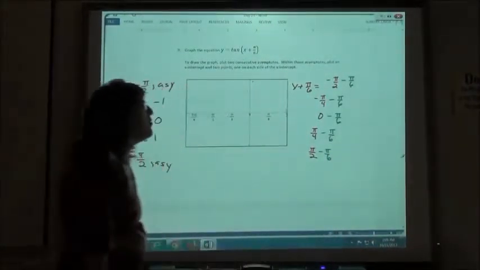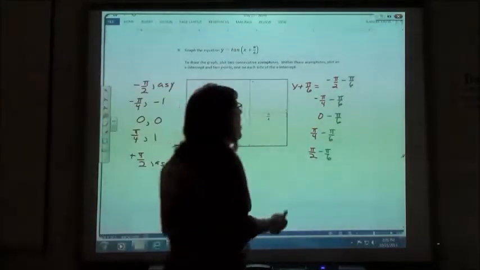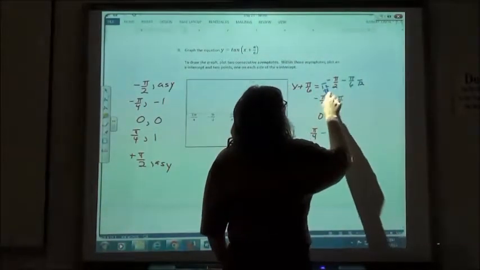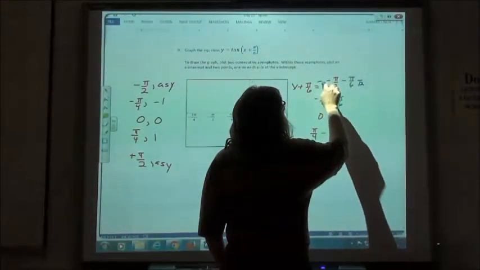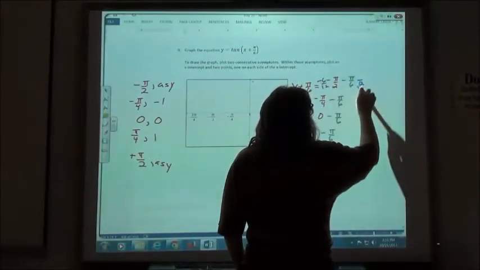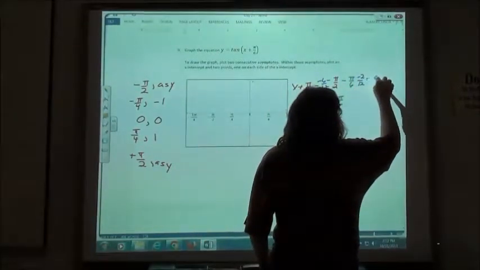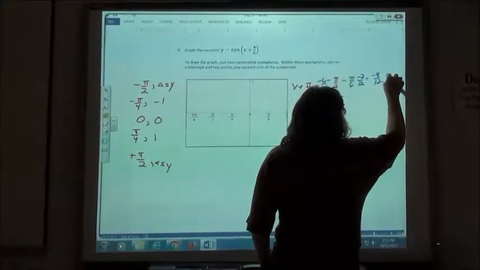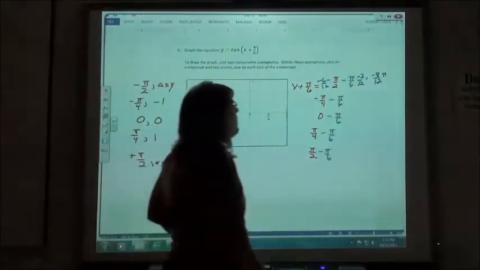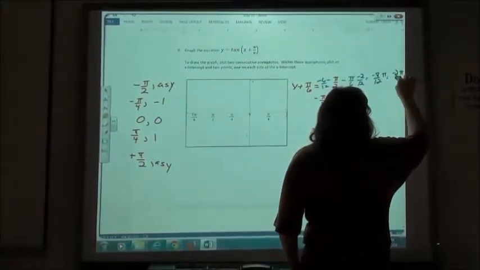Ignore that the pi is there. Think of it as 1. A negative 1/2 minus 1/6. I'd have to have twelfths. 2 goes into 12 6 times, so minus 6. 6 goes into 12 2 times, so minus 2. Negative 6 minus 2 would give me negative 8/12 pi. I can simplify my fraction because I can divide by 4, so negative 2 pi over 3.